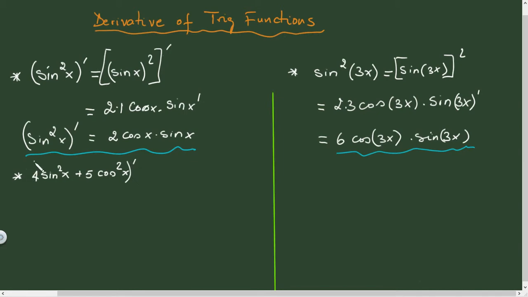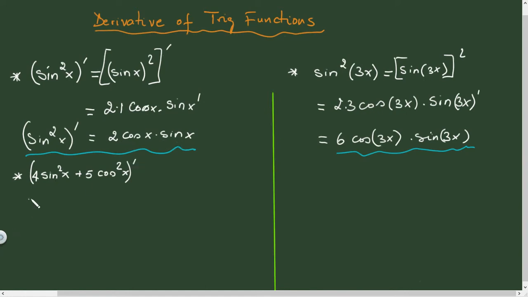As you can see, we can take the derivative term by term, separately. In each one there is a chain rule that we're going to use, to take the derivative of this one and also of this one. But that first one we already have, that's what we have here.